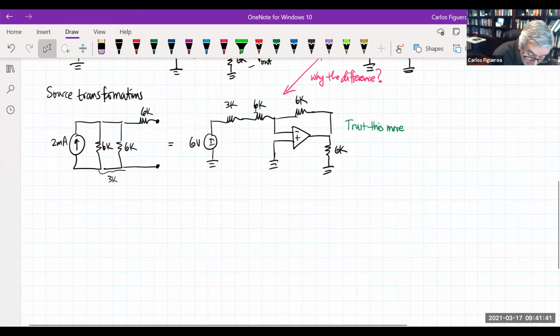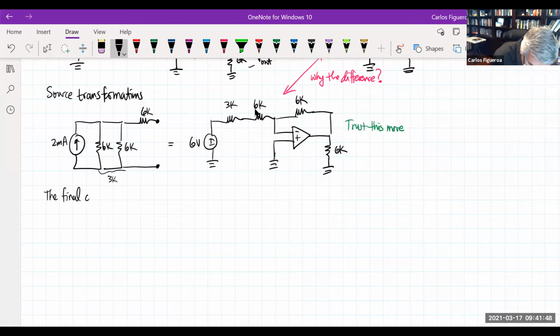So what I'm saying here is that the final circuit reads that I have a 6-volt source. I have a 9K resistor connected to the op amp.